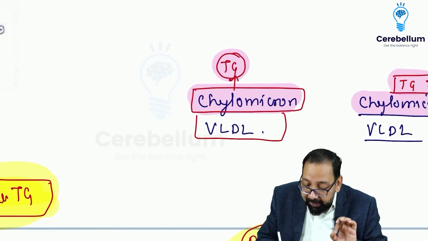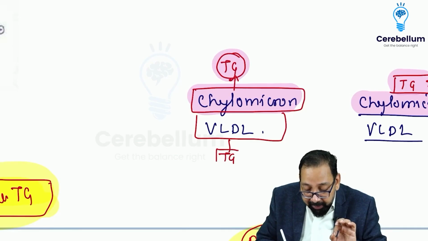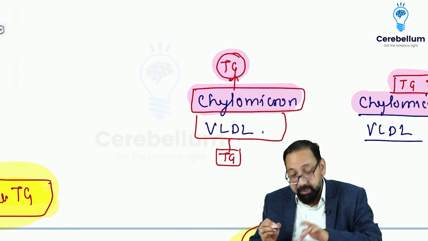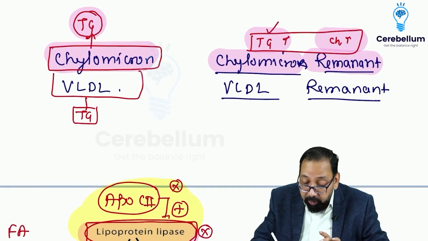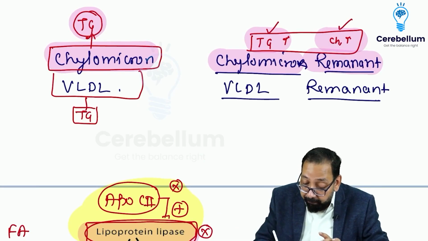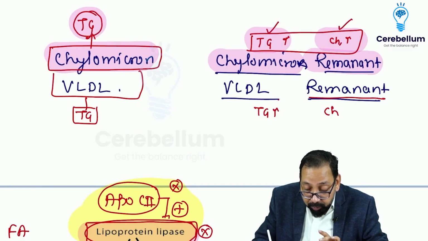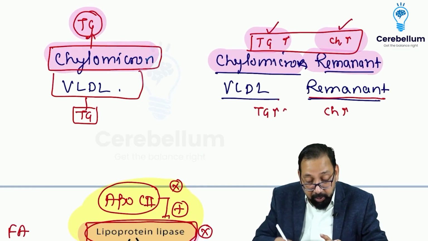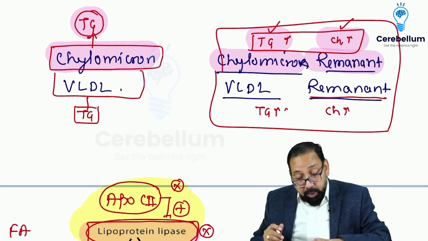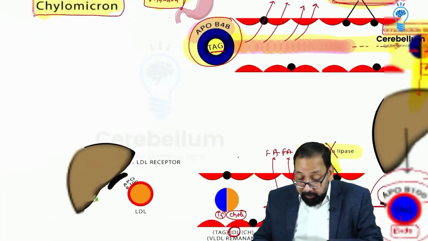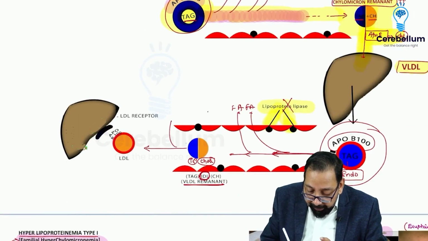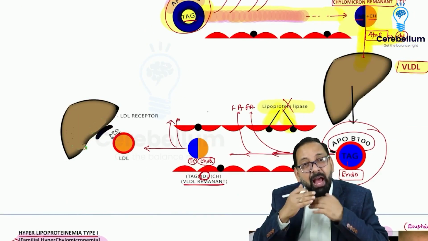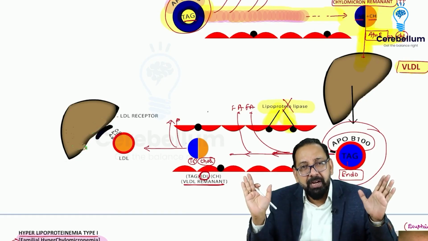If VLDL is increased, it contains mainly triglyceride, so triglyceride is increased. If chylomicron remnant is increased, both triglyceride and cholesterol are increased. If VLDL remnant is increased, both triglyceride and cholesterol are increased. Clear?